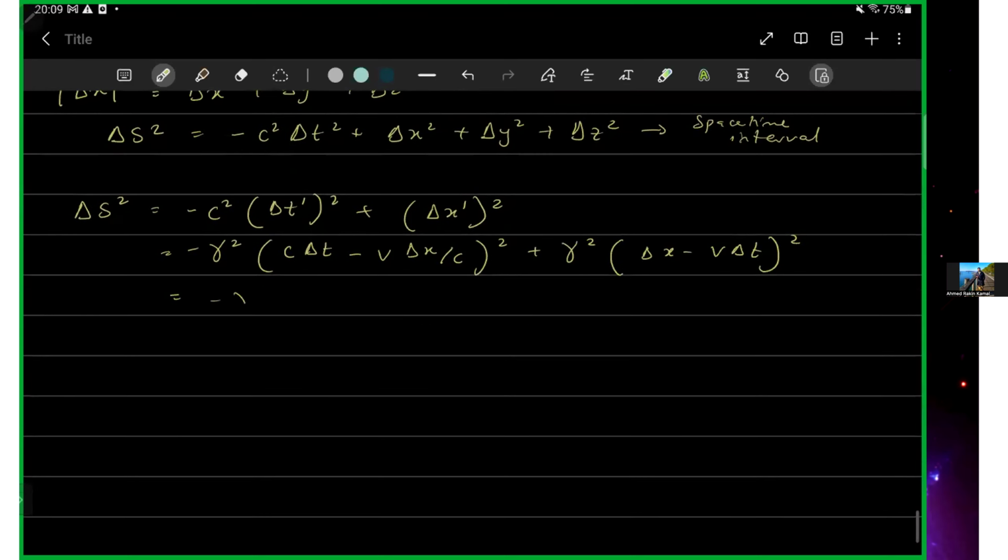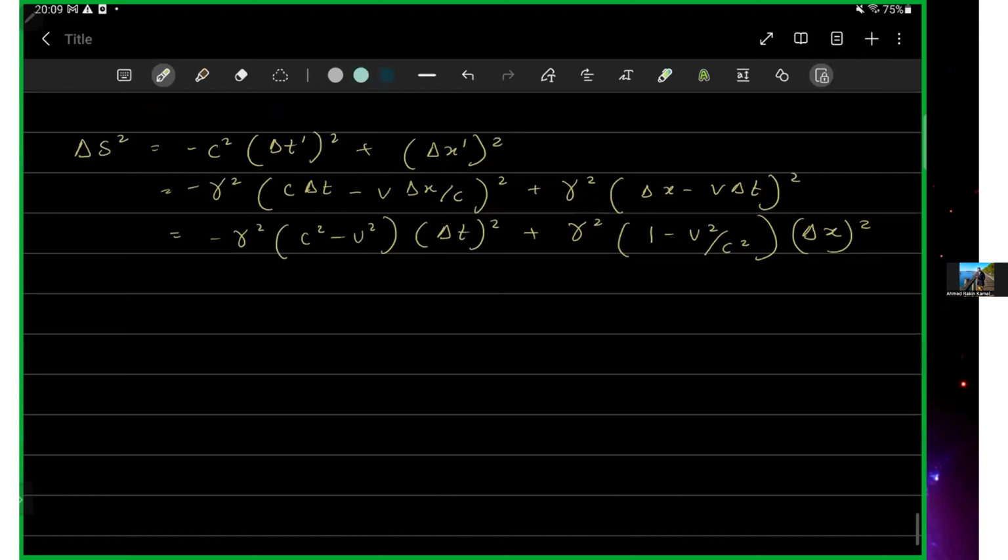This would equal minus gamma squared c squared minus v squared delta t whole squared plus gamma squared 1 minus v squared by c squared delta x whole squared, right?